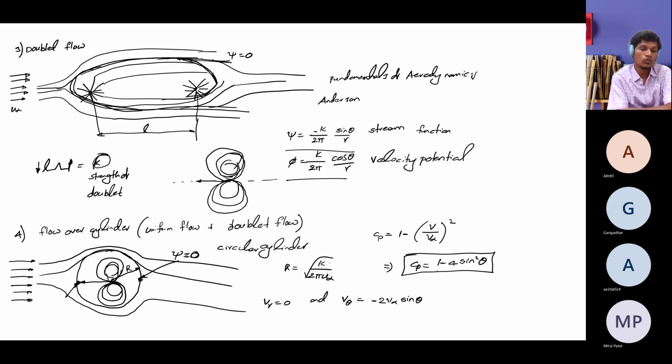You can try to match with the experimental data also. This matches very beautifully for the upstream surface. For the downstream, in the practical sense, you will see the wake because of the viscous effects and the pressure gradient, so you're not able to see the pressure coefficient matching with the theoretical result.